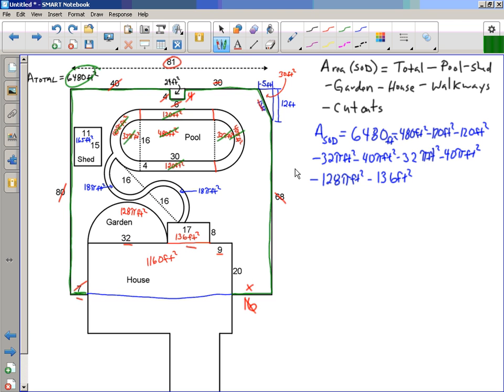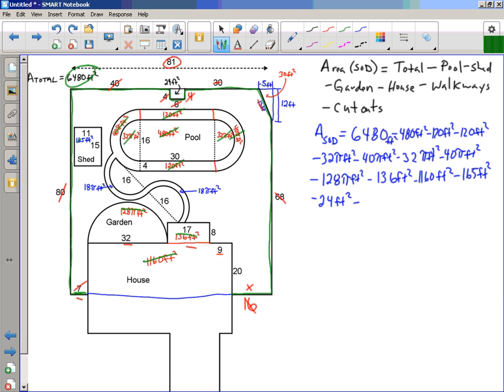Let's go ahead and scratch those. That's that one and that one. Minus 1160 feet squared, here's the rest of the house. Okay, let's take off the shed. That's another 165 feet squared. Bam. And let's take off the cutouts.